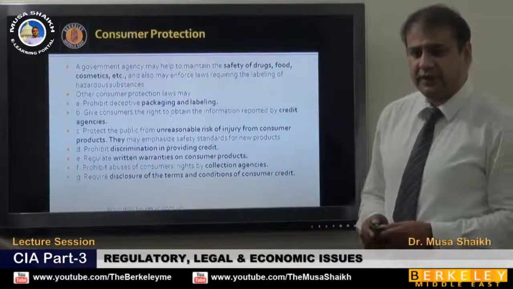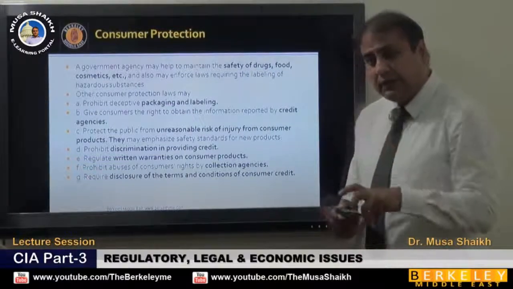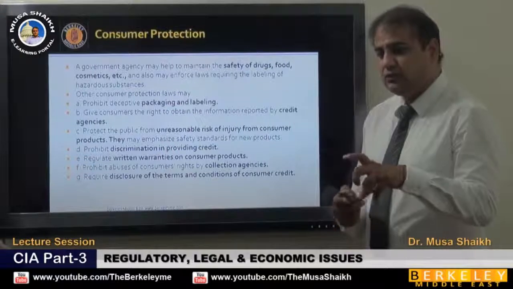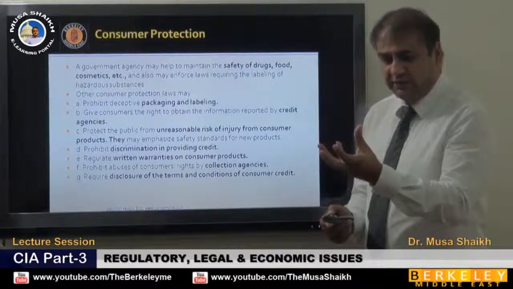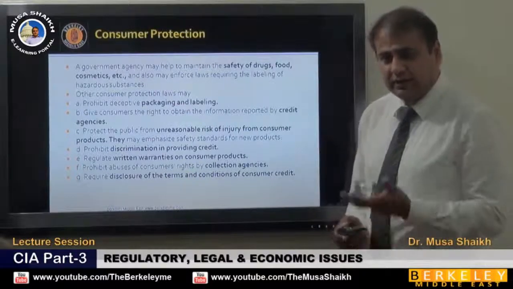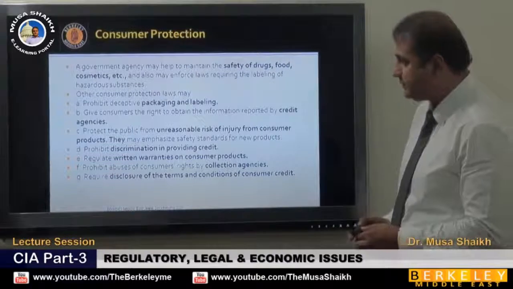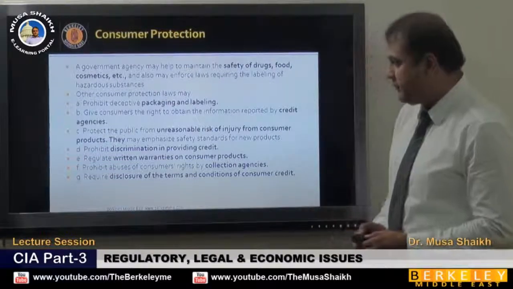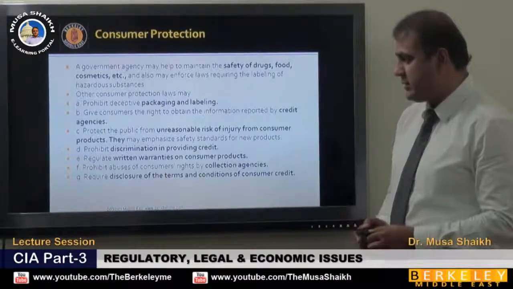What does deceptive packaging mean? The pack is big but the quantity is less, and you are deceiving in a way that you show a bigger picture but actually the buyer gets something else. So it's against consumer rights. Protect the public from unreasonable risk of injury from consumer products.